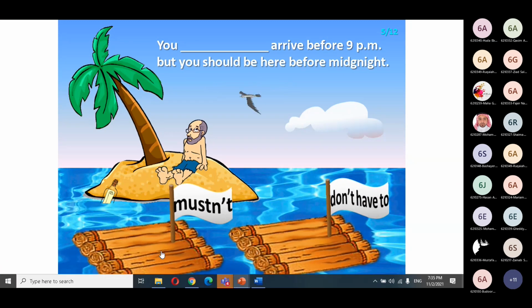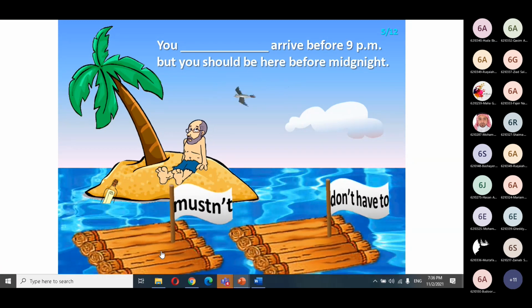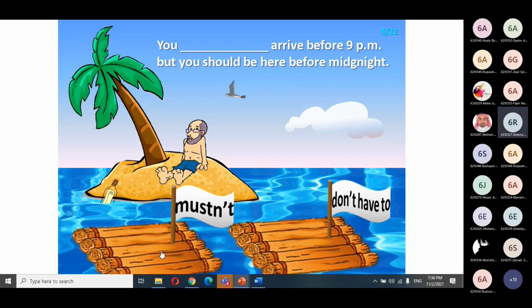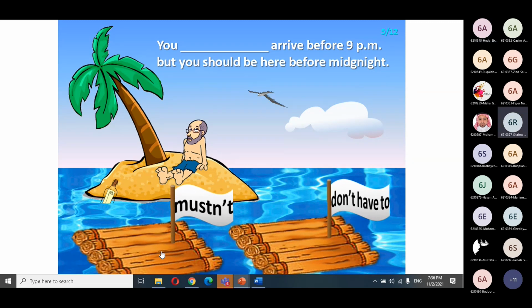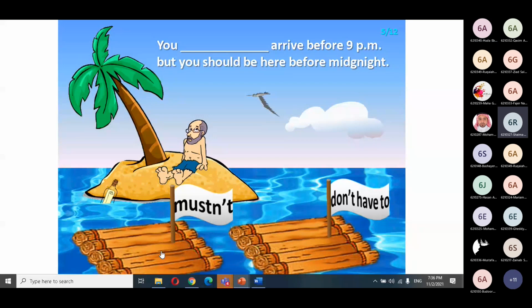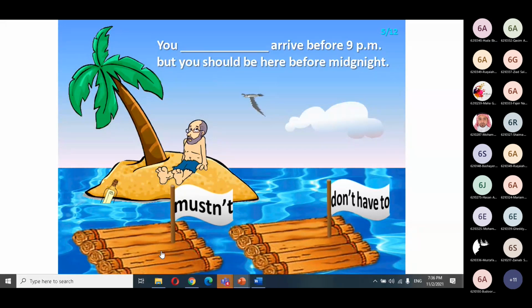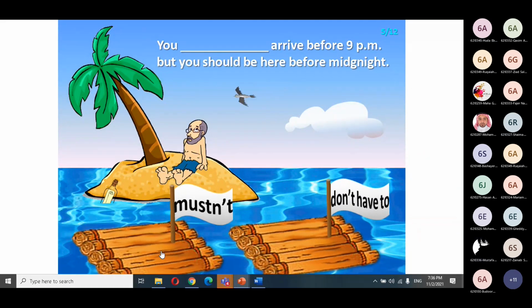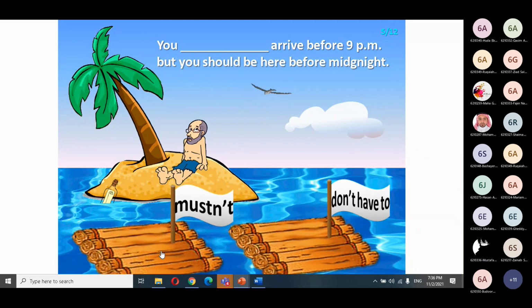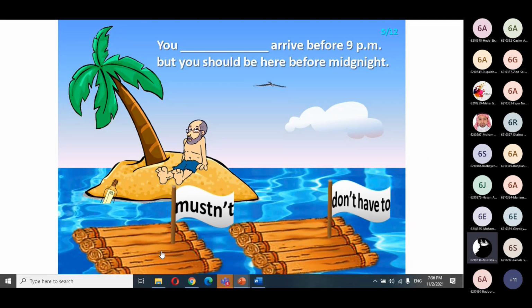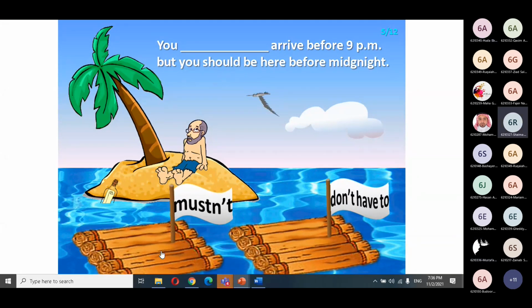You arrive before 9 p.m. but you should be here before midnight. يعني مثلا انت بتقول لهم في البيت انا خارج. اوكي بقول لك you arrive before 9 p.m. but you should be here before midnight.